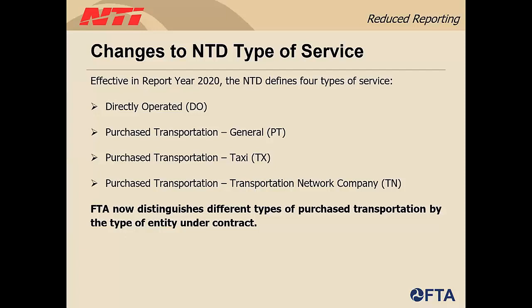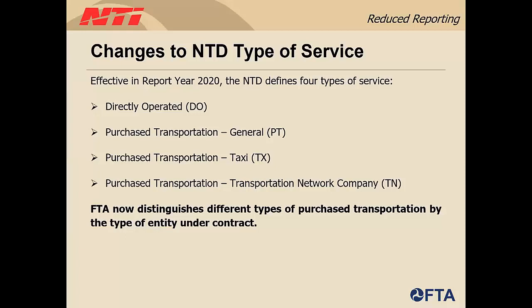As these types of contractual relationships have increased, FTA modified its reporting system through a Federal Register notice published April 9, 2019 to further stratify public transportation by the type of service provided. Directly operated service, or DO, remains the type of service to select for a mode when the transit agency is the operator of the mode.